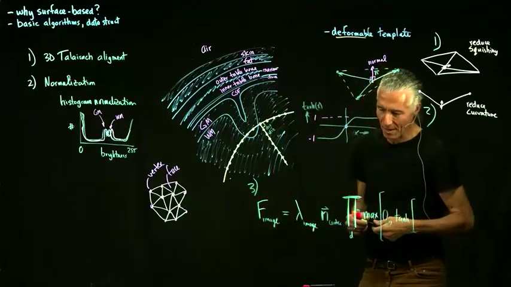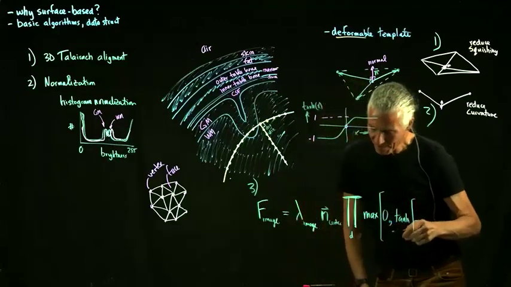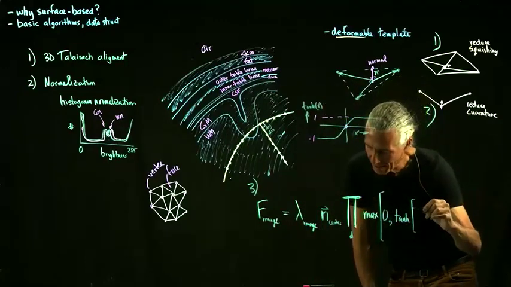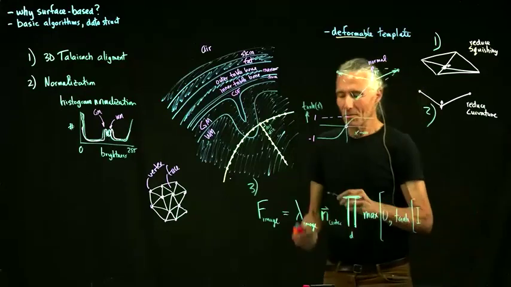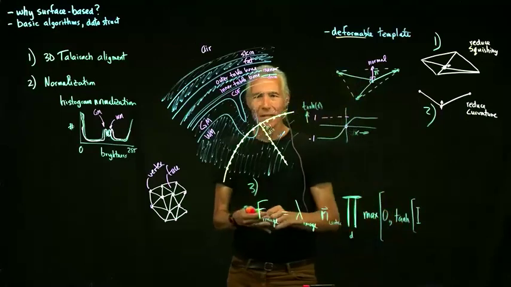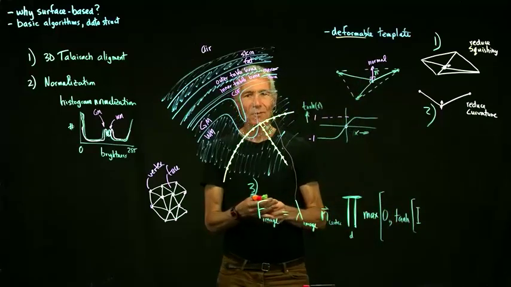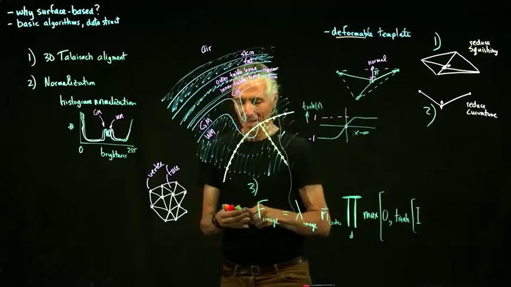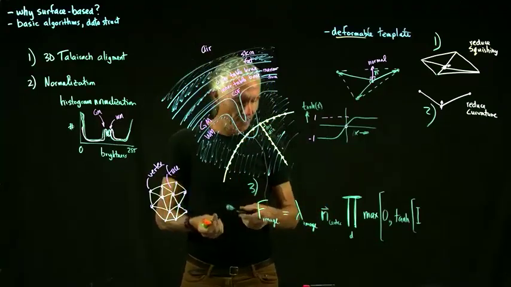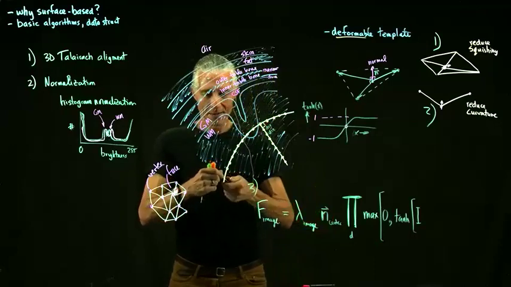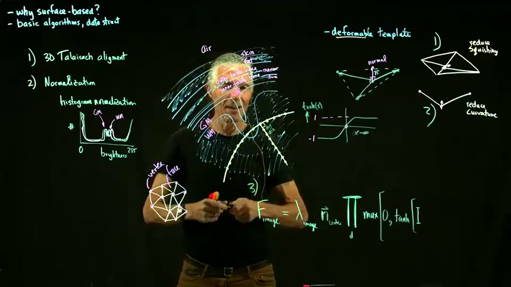Okay, so what we're going to do is take the image value. So now we have to put an image in here. What does an image look like? Well, there's going to be a bunch of voxels here. What color should we draw them in? How about green?